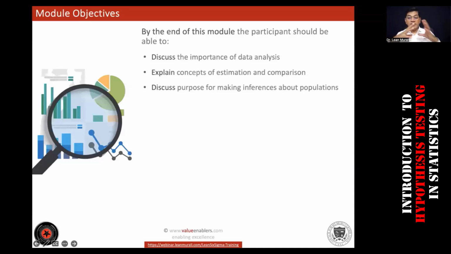Descriptive statistics will describe the data. What is the description of the data? You have an average, mean, median, mode, the central tendency, and the spread of the data, which is variation or standard deviation. So descriptive statistics will describe the data, its central tendency and spread. Central tendency is mean, median, mode, and spread is variation or Six Sigma, whereas inferential statistics is to infer the population from a sample.